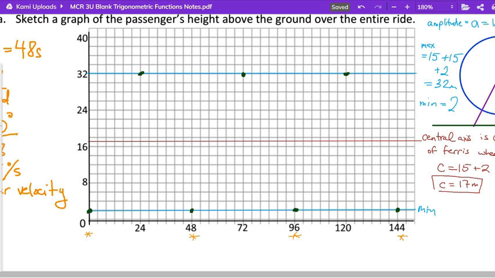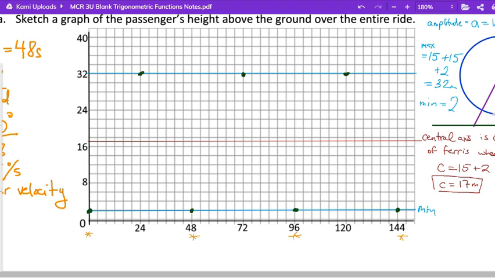At what point does it reach the central axis? If it's from min to max, it takes 24 seconds. How long for the Ferris wheel to reach the central axis? It is a quarter of a period. So watch this.